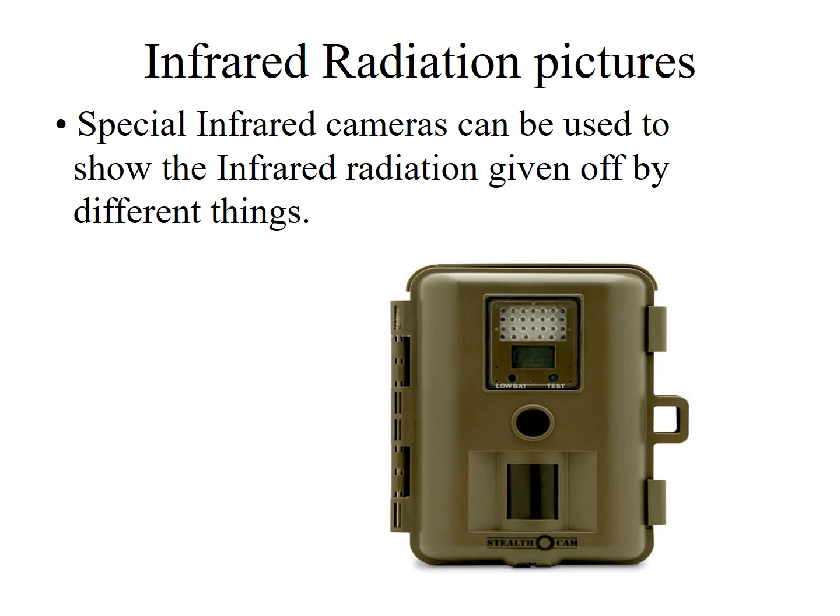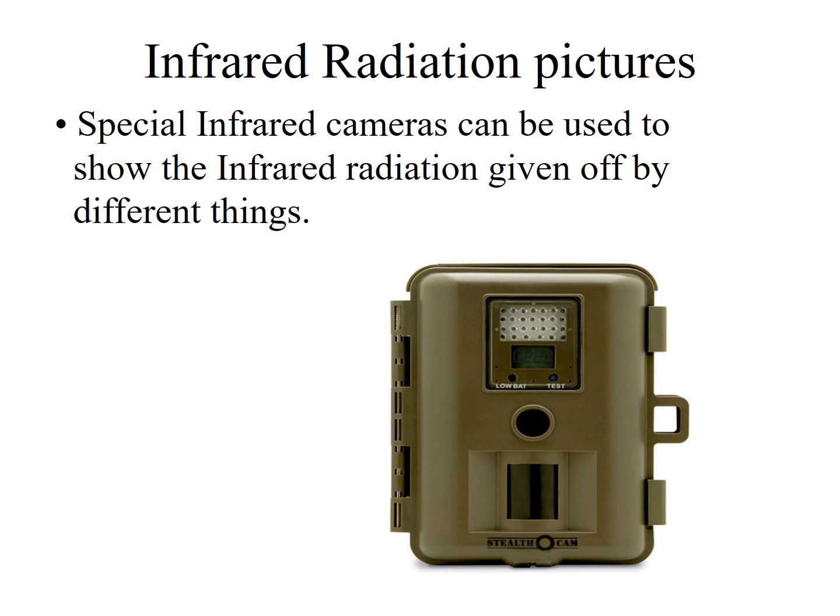The police also use these cameras when they are hunting criminals that are escaping from a crime scene or from somewhere else. They're able to use them in their helicopters and shine them over an area, and they can then see where the warm bodies of the criminals are.